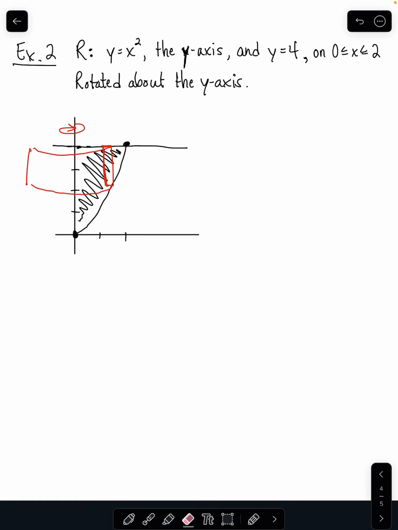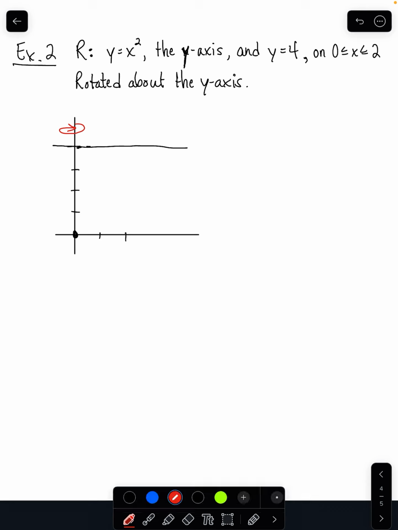So our alternative here is that we need to look at this in terms of y rather than in terms of x. What we need to do is integrate this with respect to y, so that our rectangles will go sideways.